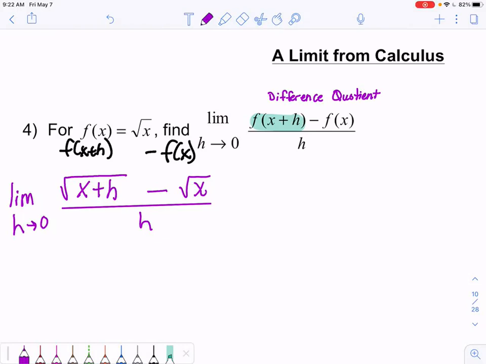Peter? Unfortunately, no, because that is contained underneath the root, and that's a quantity with a plus sign. So we can't factor out an h, or factor out an x.